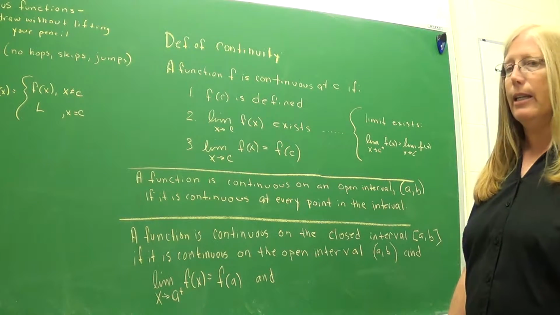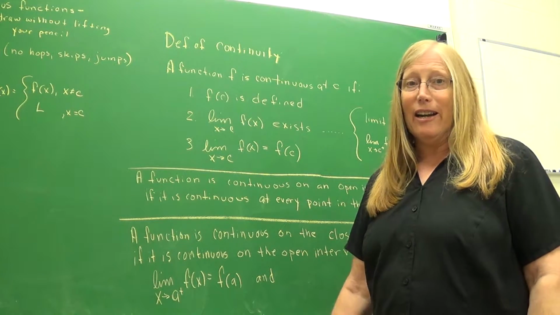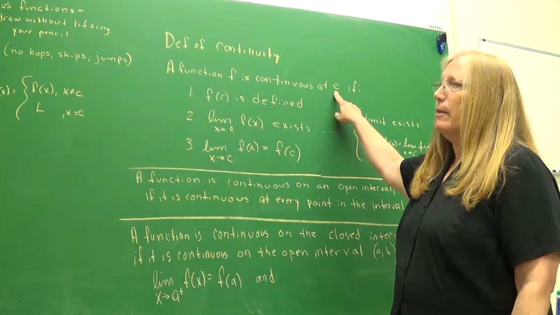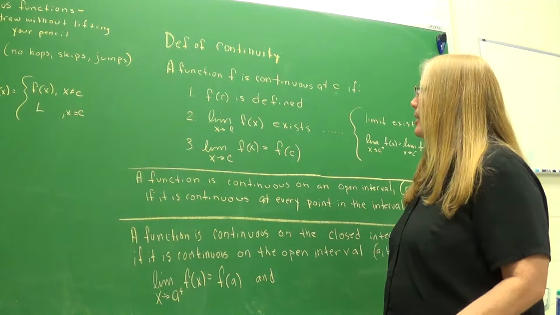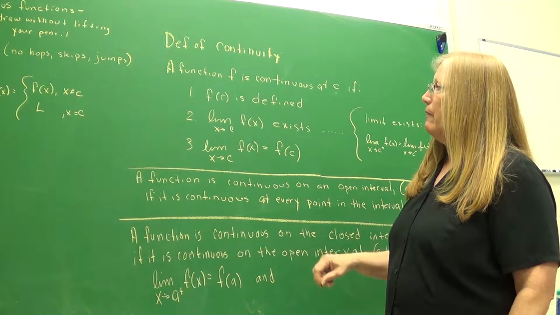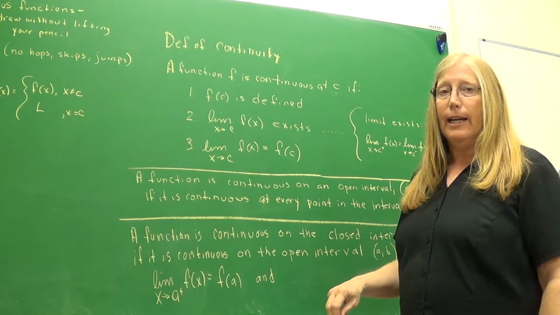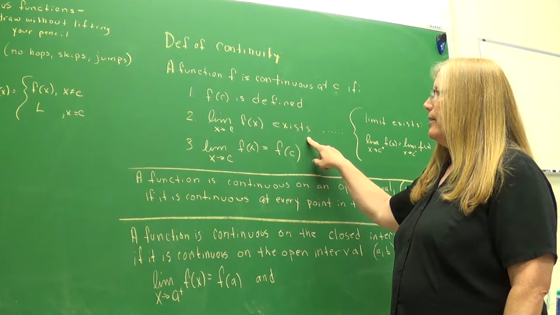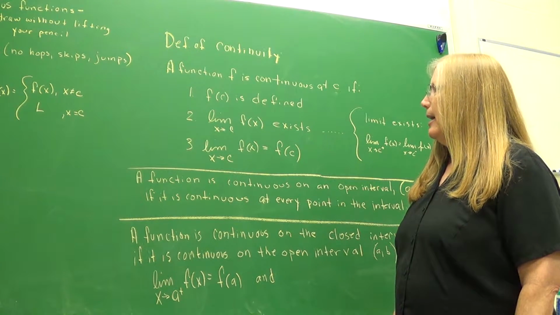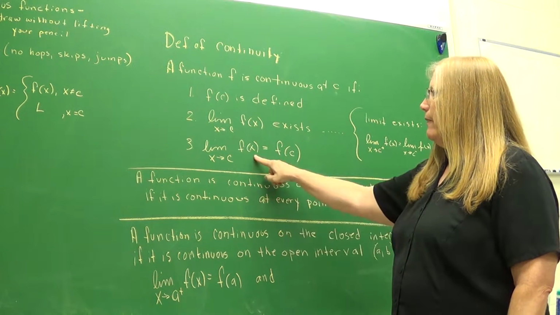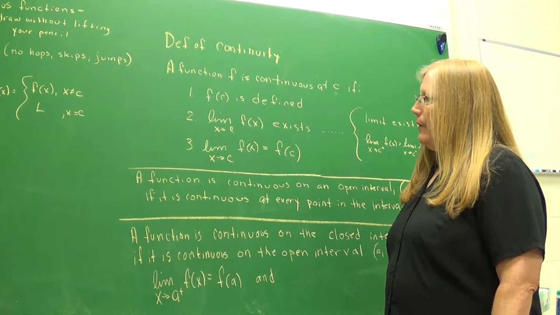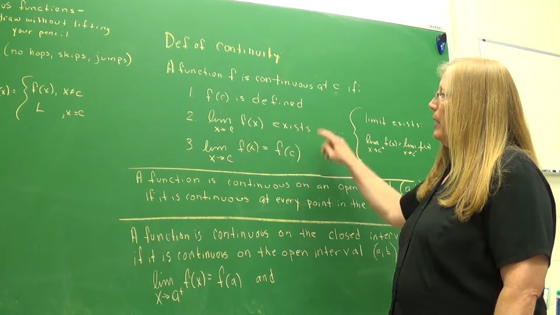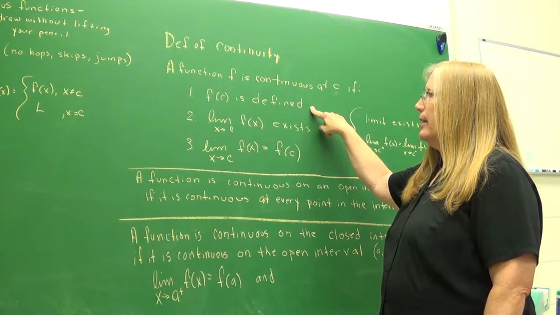Definition of continuity. Here's where we add the rigor to our idea of continuity. A function is continuous at C, so we're talking about only at one point is it continuous, if the function evaluated at C is defined, if the limit as x approaches C of the function exists, and the limit as x approaches C of f of x equals f of C. If you notice, these are somewhat related to graphs A, B, and C. So number one says the function is defined.